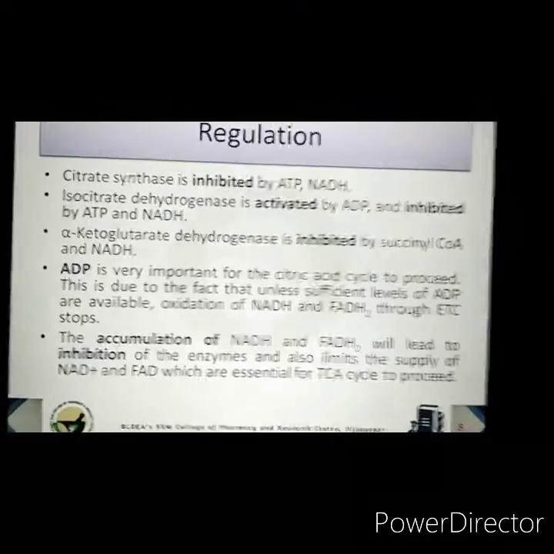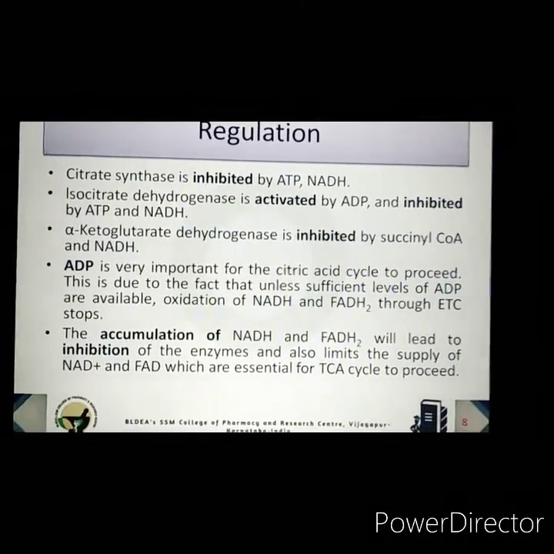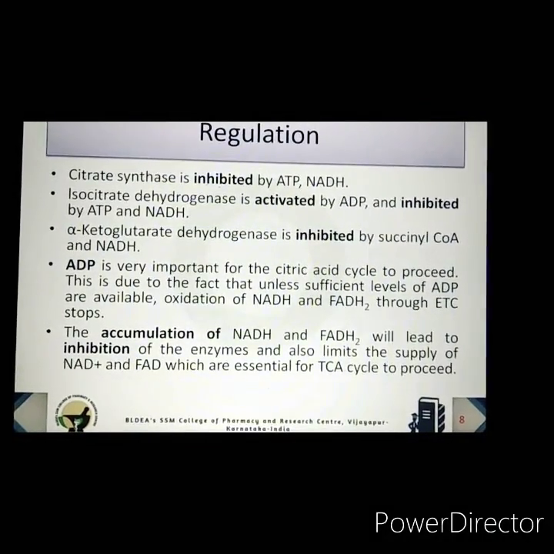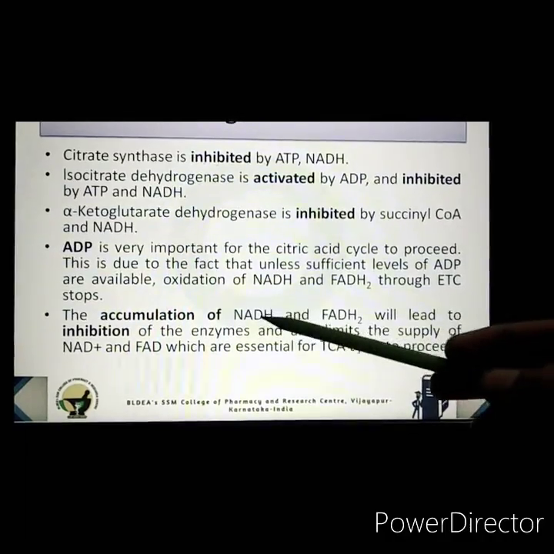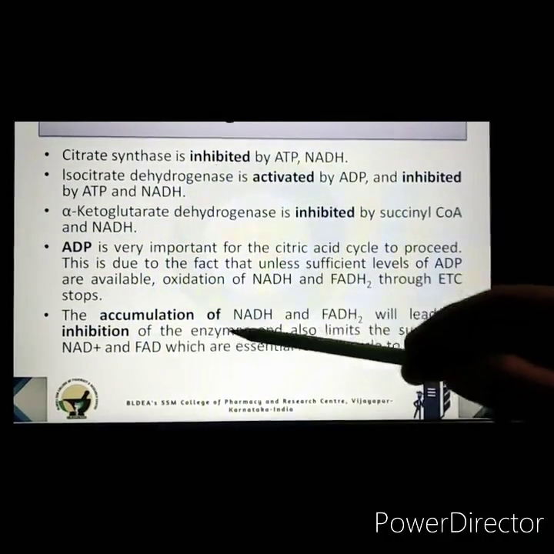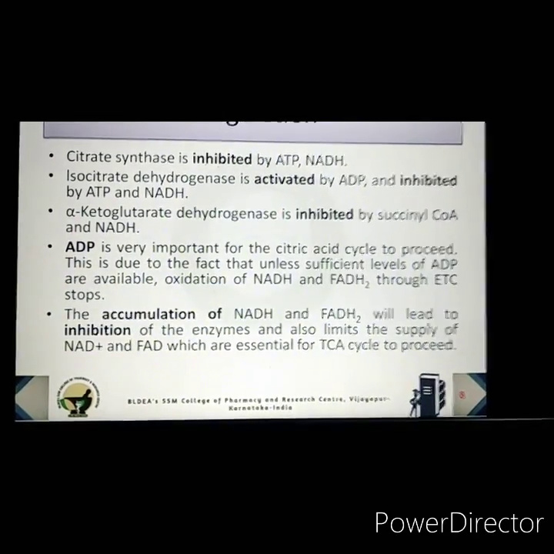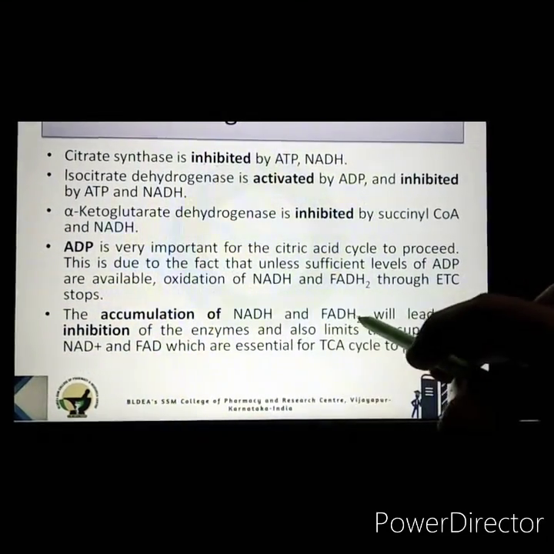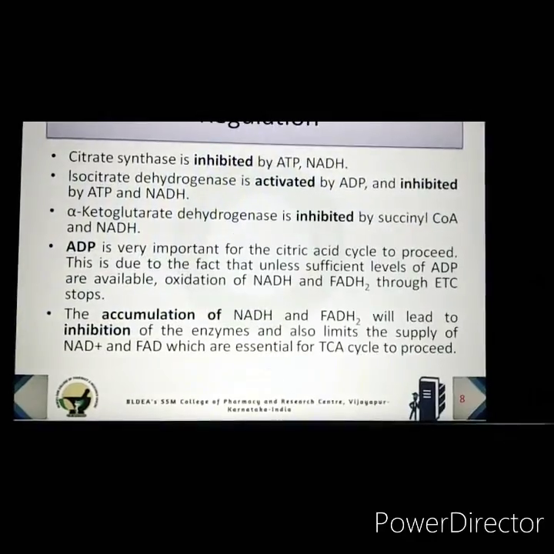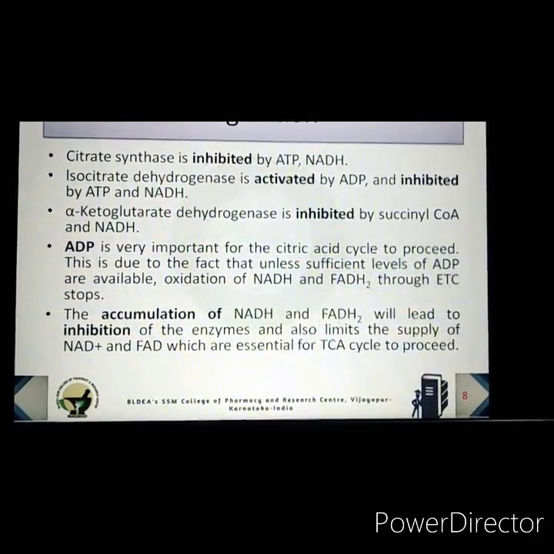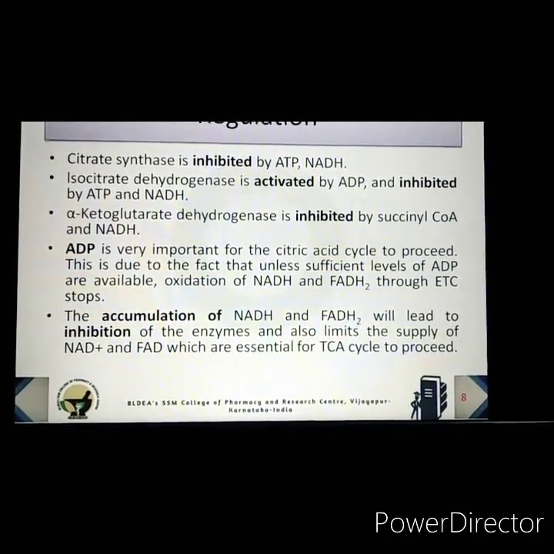So in order to prevent excess energy generation, these NADH and FADH2 inhibit the enzymes responsible for the TCA cycle. Hence, the levels of NADH, FADH2 and ADP are very important in order to regulate the TCA cycle.